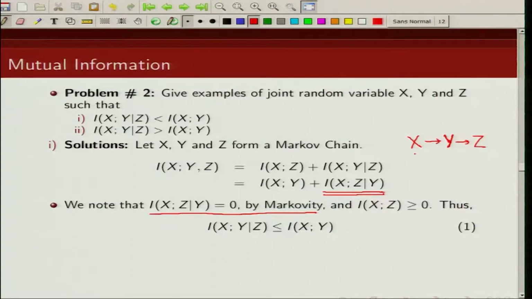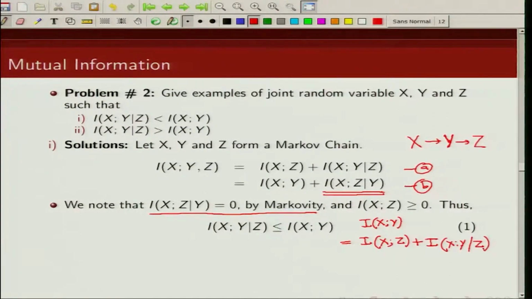Correct? Let us call these a and b. So we equate a and b, and what we get is that the mutual information between x and y is equal to the mutual information between x and z plus the mutual information between x and y given z.